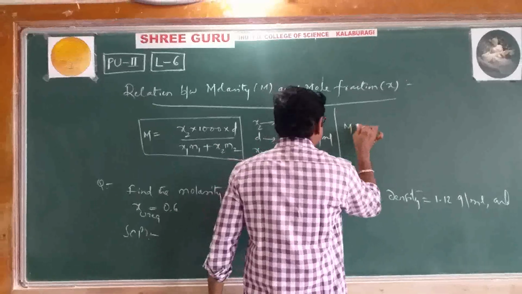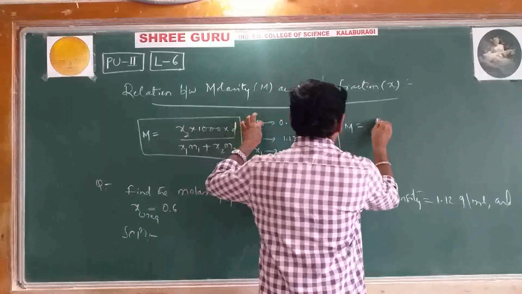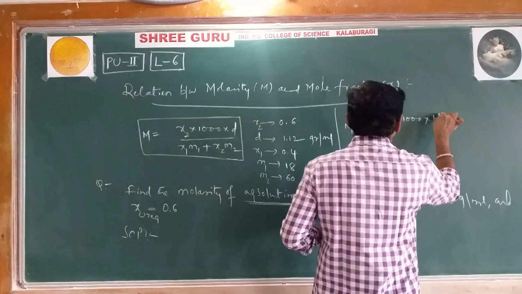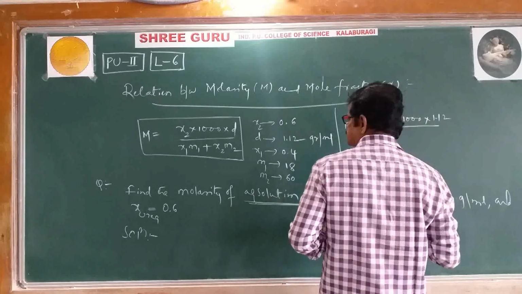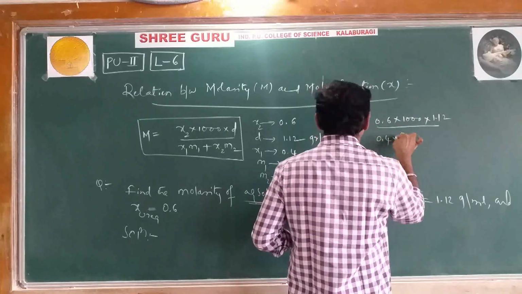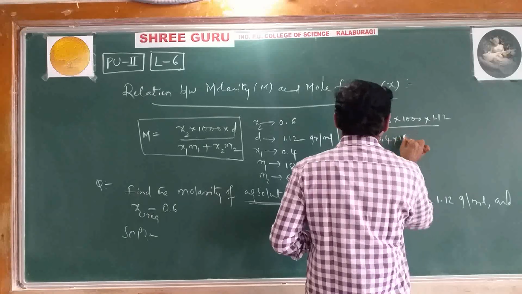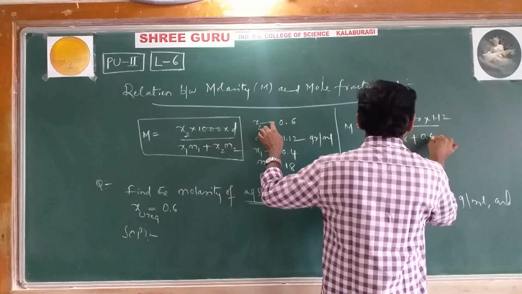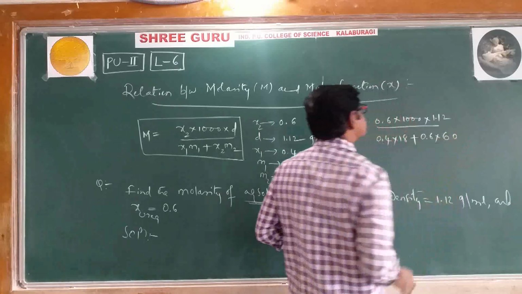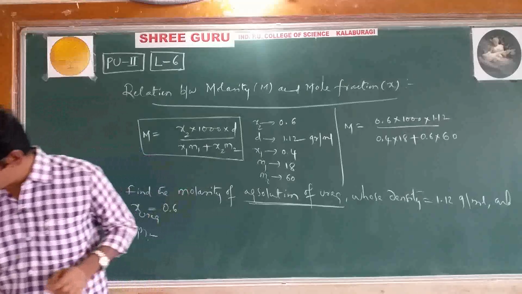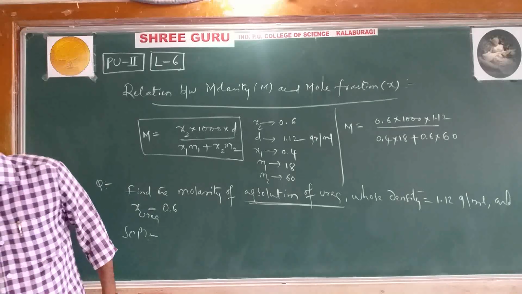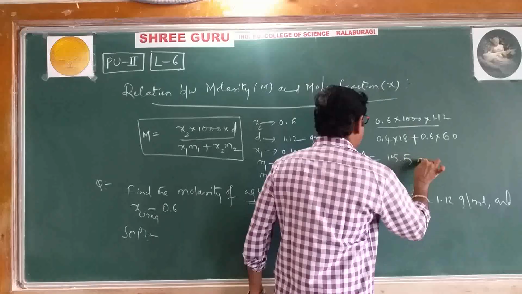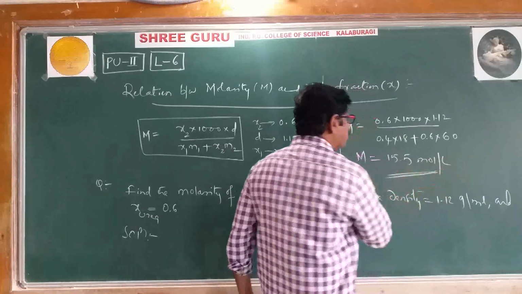That is, the molarity is equal to x2 0.6 into 1000 into density 1.12 divided by x1 0.4 into m1 18 plus x2 0.6 into m2 60. That's it. If you do the simplification, you will get 15.5 mole per liter, nothing but molar.